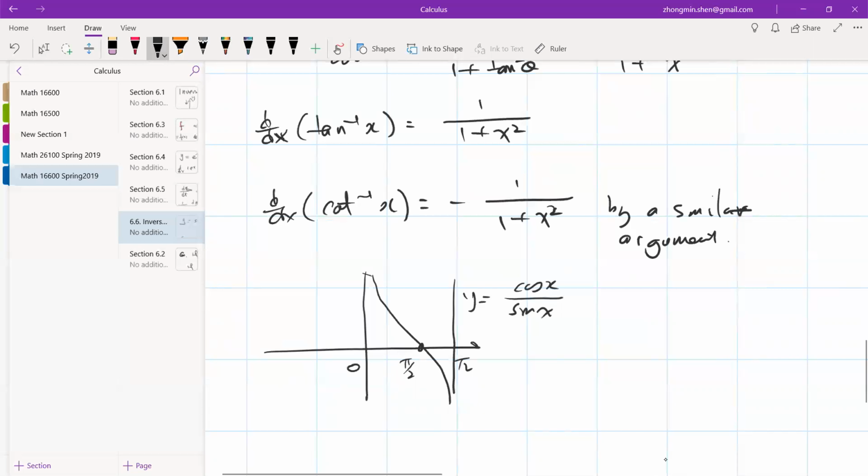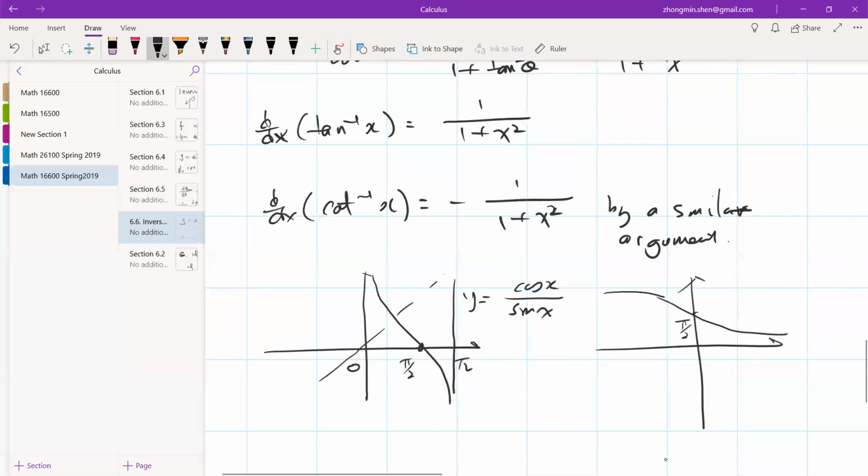So the inverse will be, draw this line, right? And turn it around. I think this will be something like that. Okay, it's pi over 2.